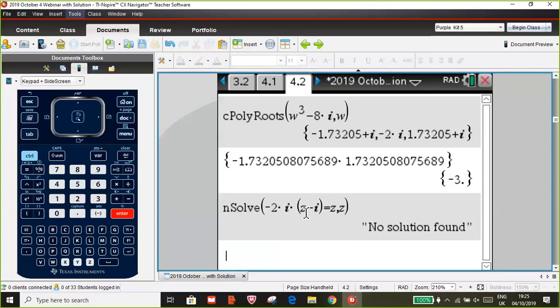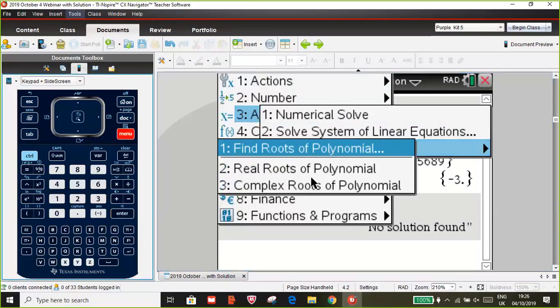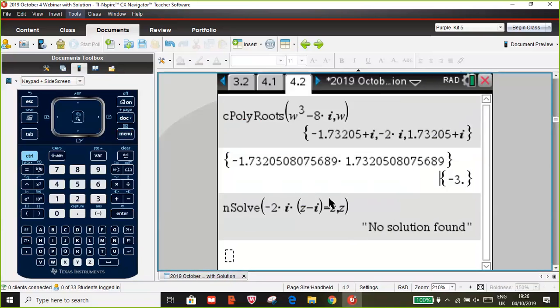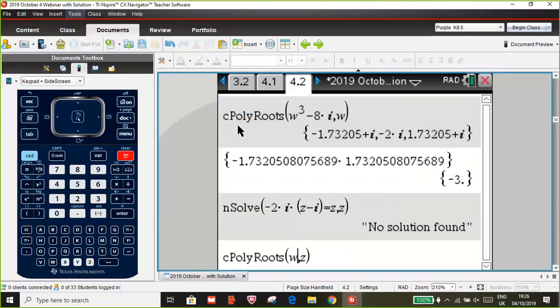So we use polynomial tools, go for the complex one, and just type everything. Let me copy this. I'm being lazy here. Oh, I can't.